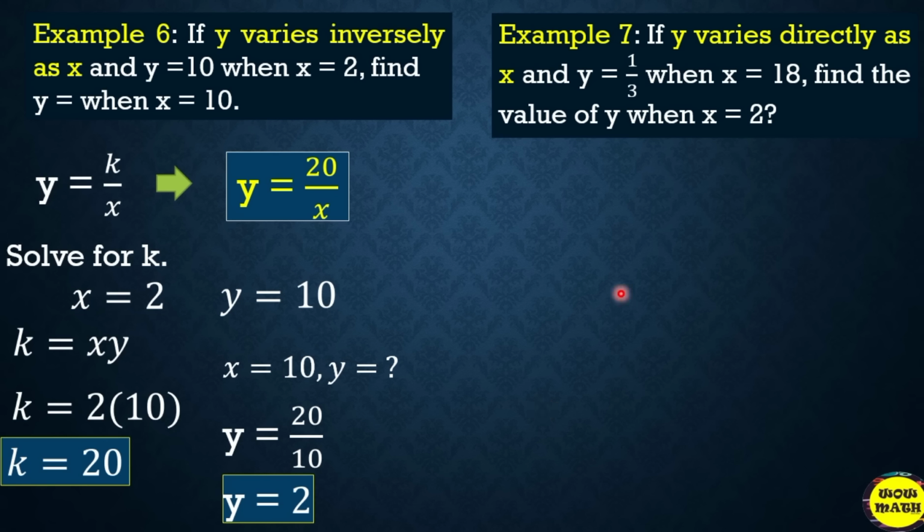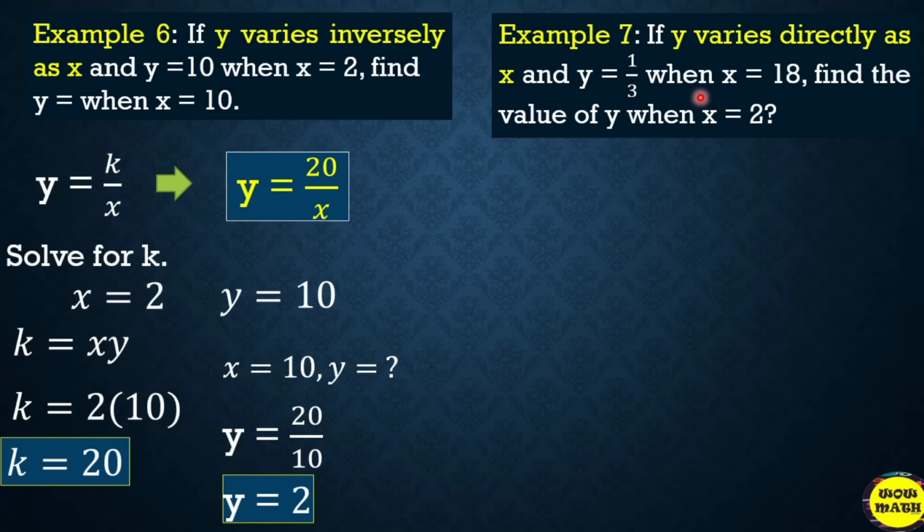Another example. If y varies directly as x and y is equal to 1/3 when x is equal to 18, find the value of y when x is equal to 2. So kapag ganito yung problem class na ma-encounter natin, kunin nyo muna dapat yung constant at equation. Okay?